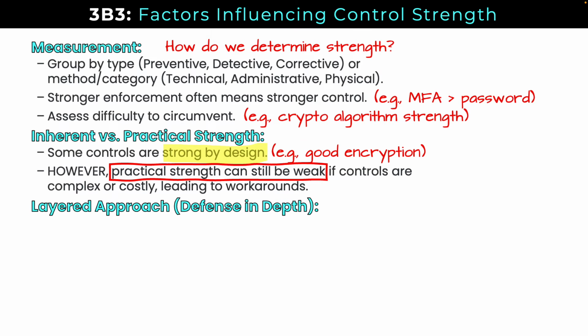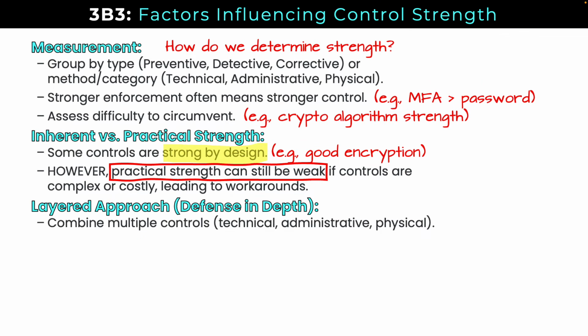And we can also look at our controls and their place in a layered approach, because we want to combine multiple controls together to develop their collective strength. So we'll combine multiple layers of technical controls, but we have the combination of technical, administrative, and physical controls that together provide a complete approach to securing the business and our services. And if one control fails, the others provide backup.